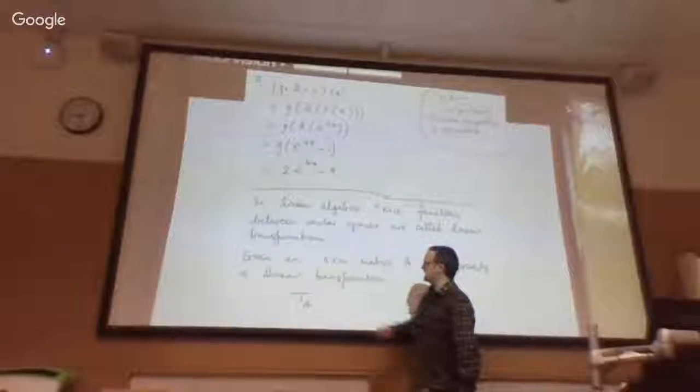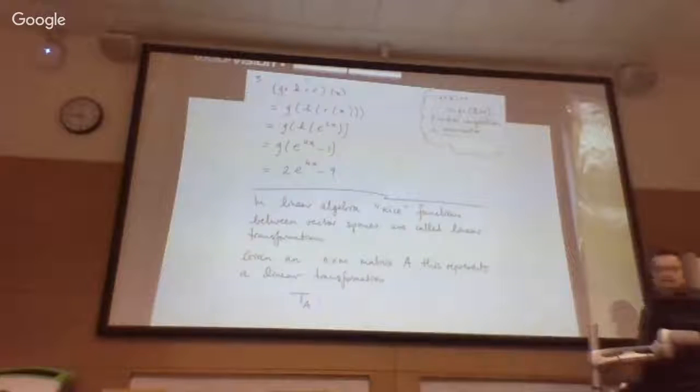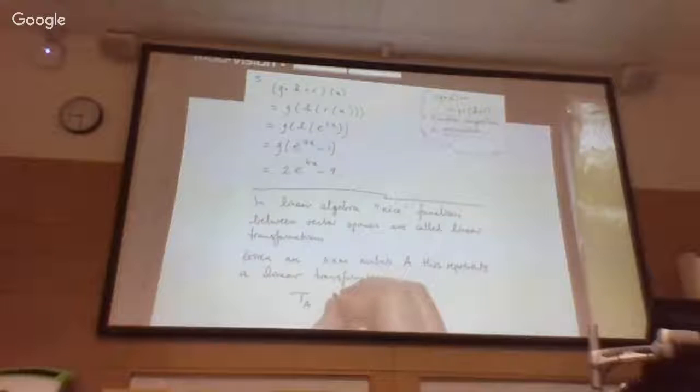I just put a subscript A there because it's the one that's represented by the matrix A, and this goes from the domain Rm to the domain Rn.